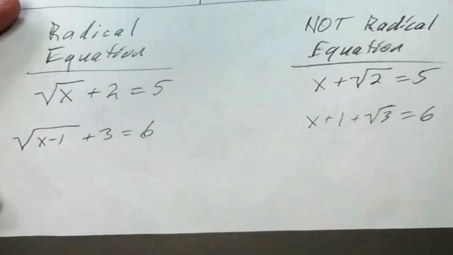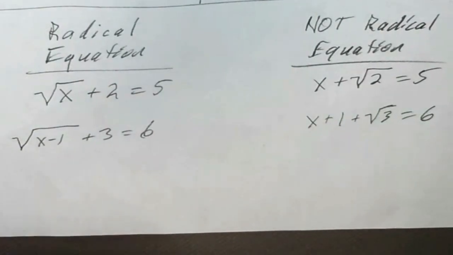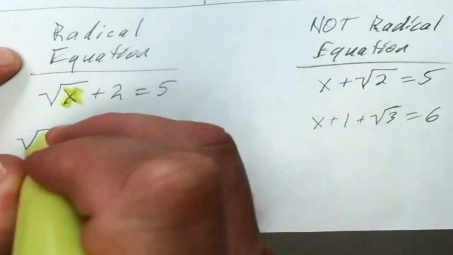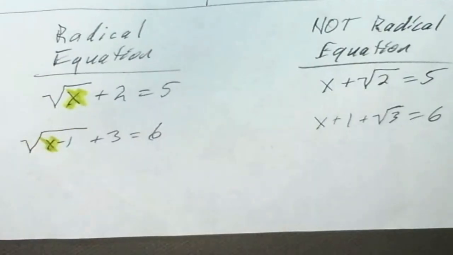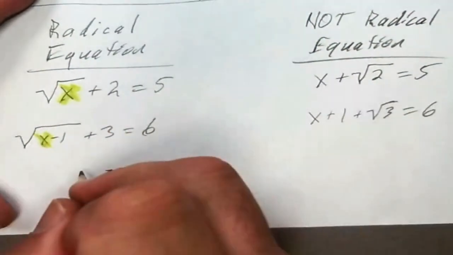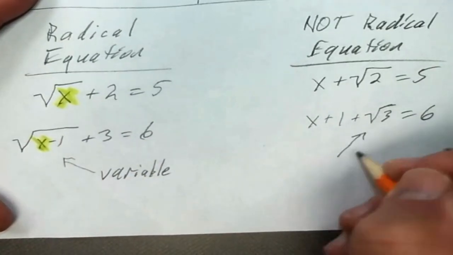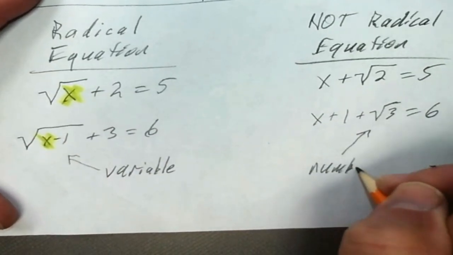So in order to be a radical equation, there has to be a variable underneath the radical. This is just a number.